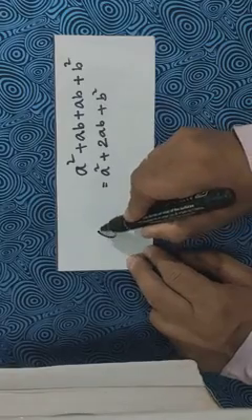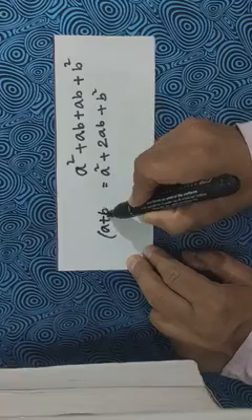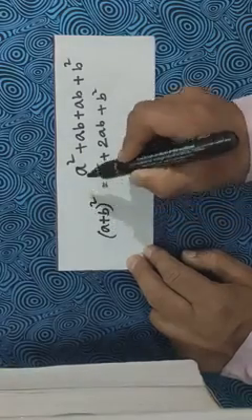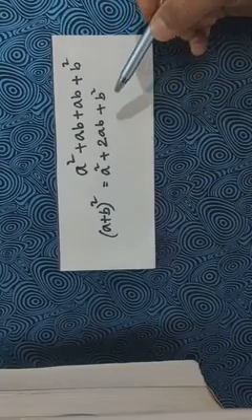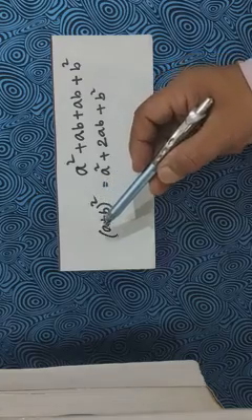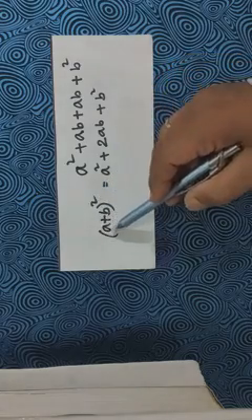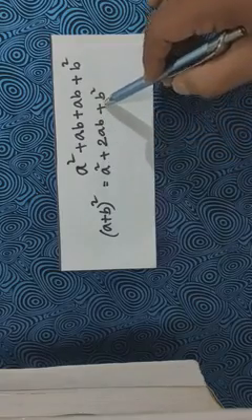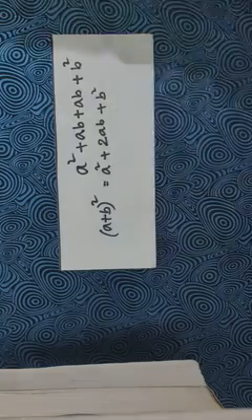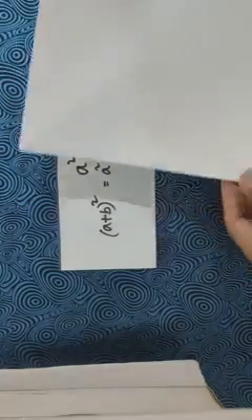So this is how we have proved the formula A plus B whole square equals A square plus twice AB plus B square, with the help of a sheet of paper.